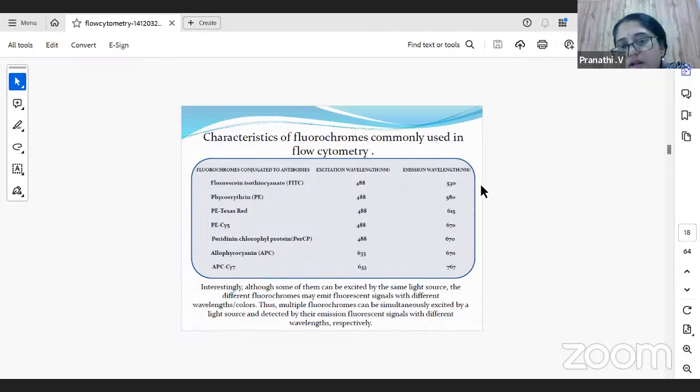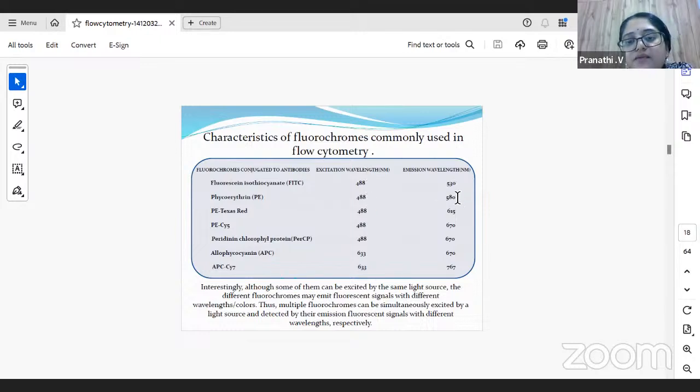At what wavelength you can see, or at what wavelength it is going to be emitted. Some of them, if you see the same wavelength, can be excited by the same light source, but your emission wavelength is differing over here. So according to that, you need the emission filter, which is different. For example, you can use both FITC and PE with the same excitation wavelength, so that filter can be the same.